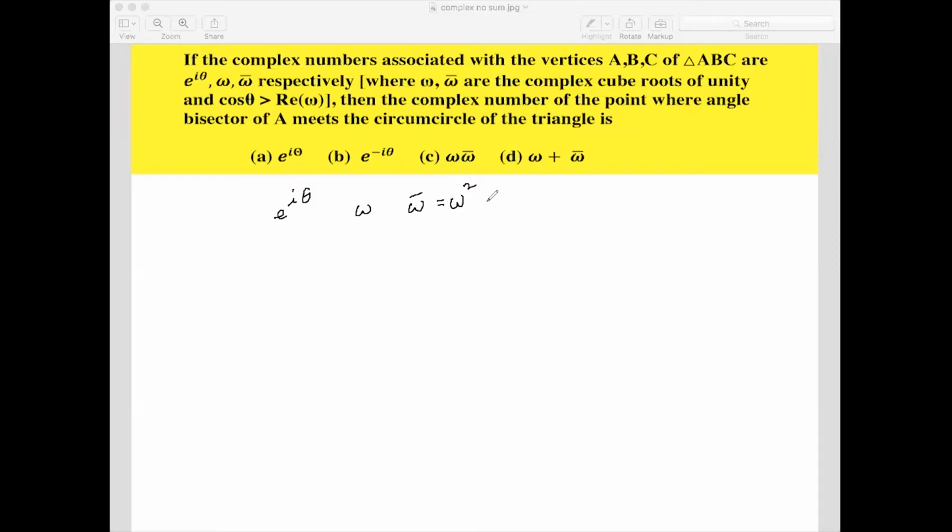Then we have to find the complex number of the point where the angle bisector of A meets the circumcircle of the triangle. Now we can understand here that all of these complex numbers given are unimodular. That is, their modulus is 1. They are all unimodular.